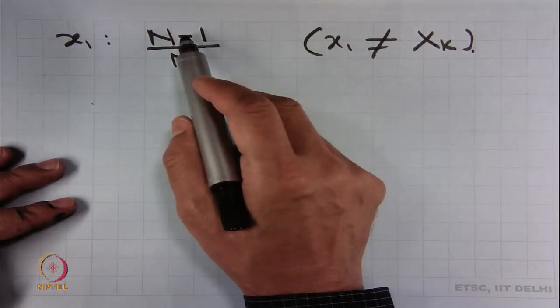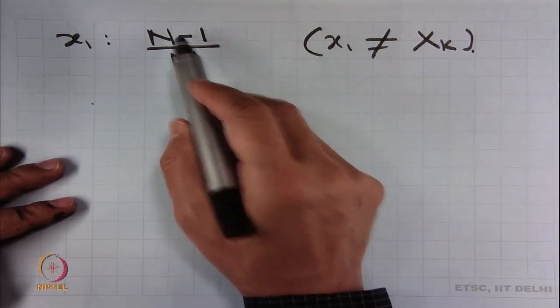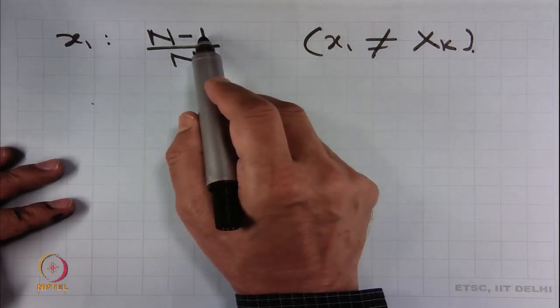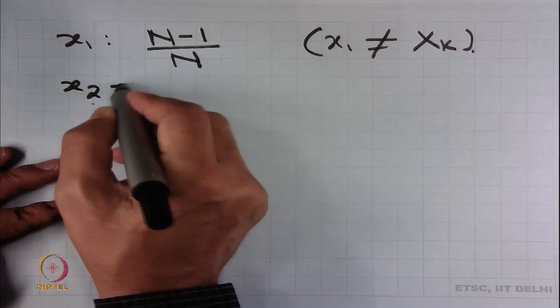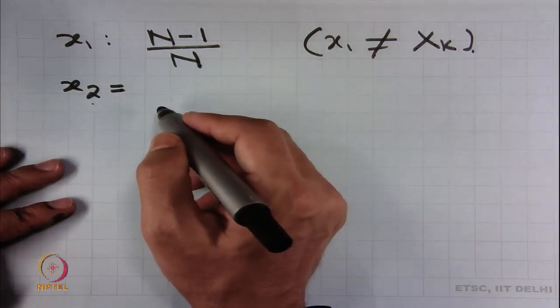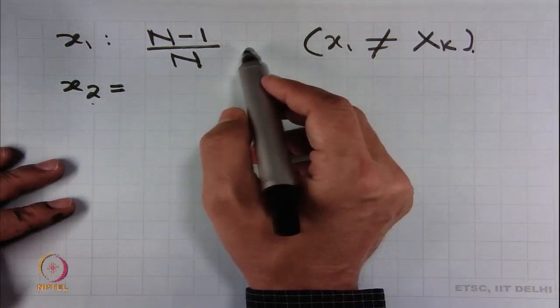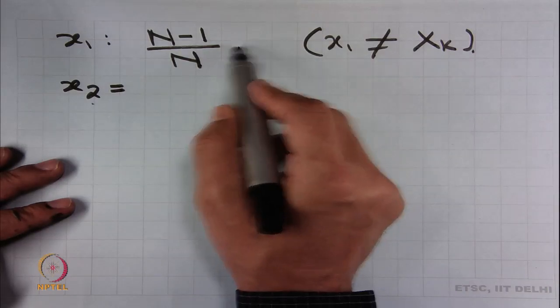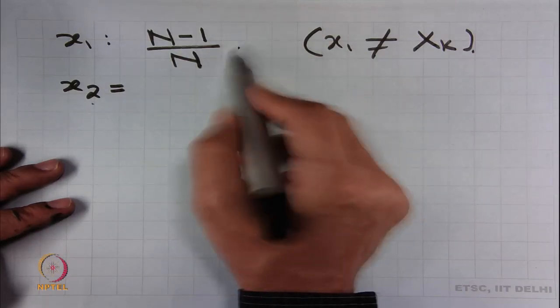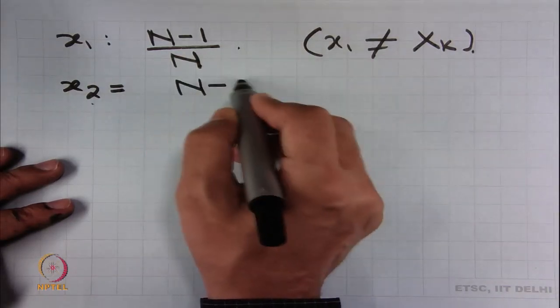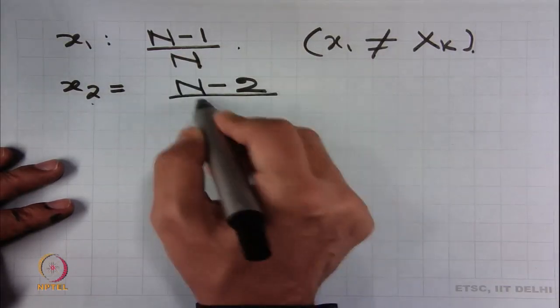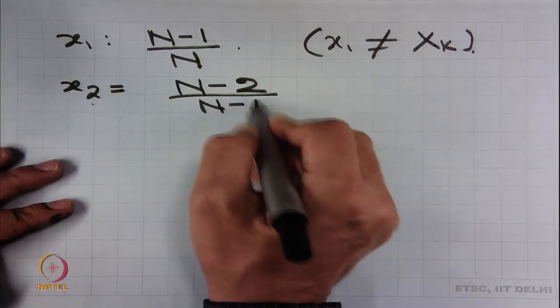At the first instance, I can select any of the remaining n minus 1 of them. In the second instance, therefore, what will I choose? I will choose one from among the remaining n minus 1, but not k, and that probability is n minus 2 upon n minus 1.